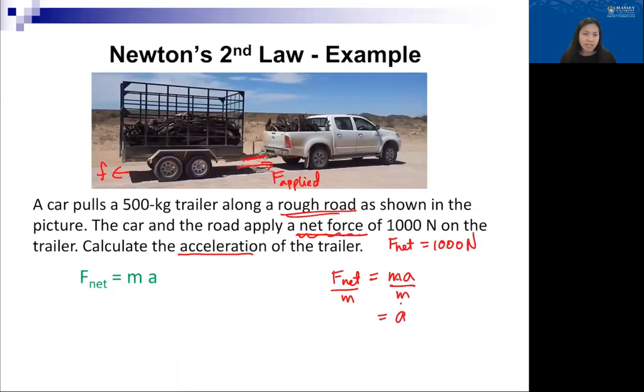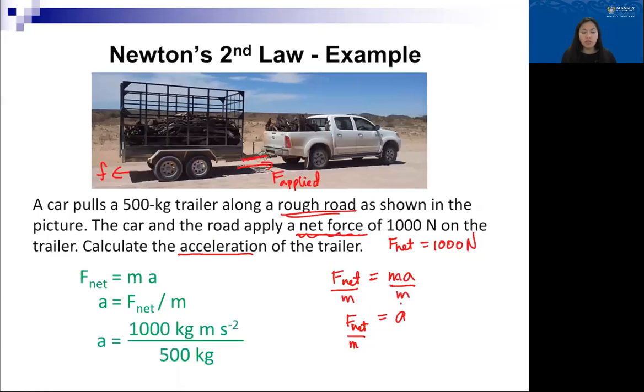So the right-hand side will just be acceleration, and the left-hand side will give me net force divided by mass. I'll just substitute the numbers, giving you an acceleration of 2 meters per second squared for the magnitude. The direction will of course be towards the direction of the pulling force.